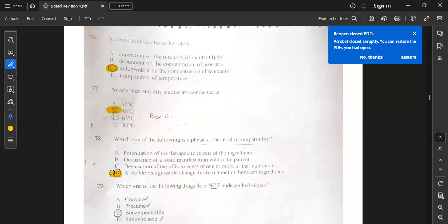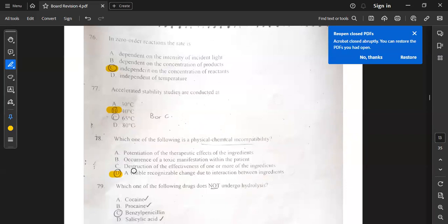Finally, the third one is chemical incompatibility, whereby there's a chemical interaction between two or more substances which leads to a change in the chemical properties of a pharmaceutical dosage form.